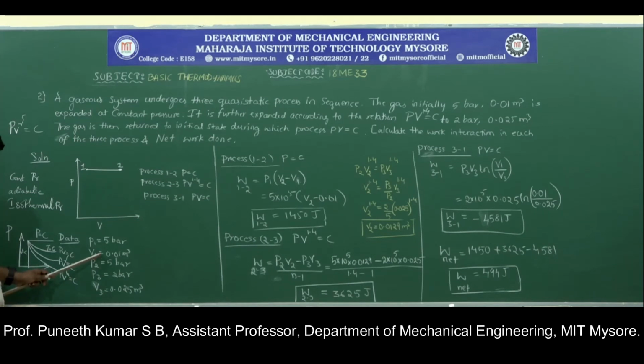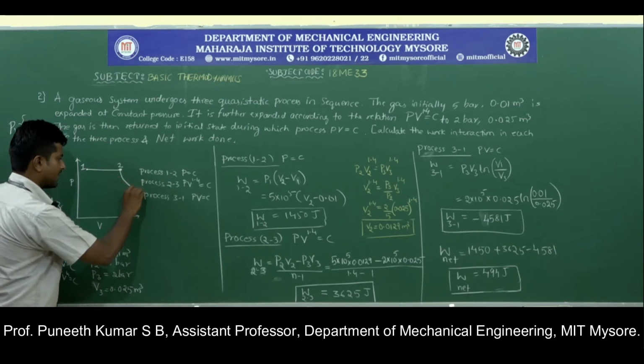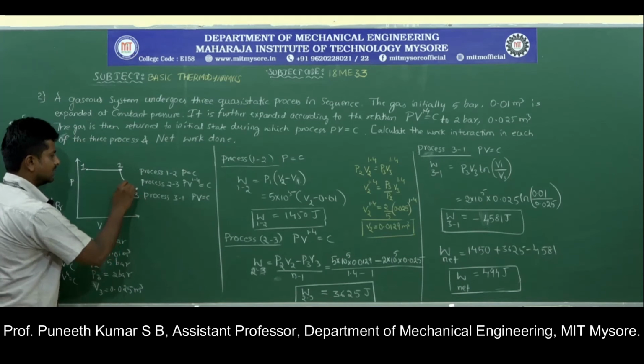Next, the next process is the adiabatic process line. Suppose I see these reference curvilinear lines, I know that the adiabatic process line is much steeper than the constant temperature line. So I will draw the adiabatic process line and mark it as 3.